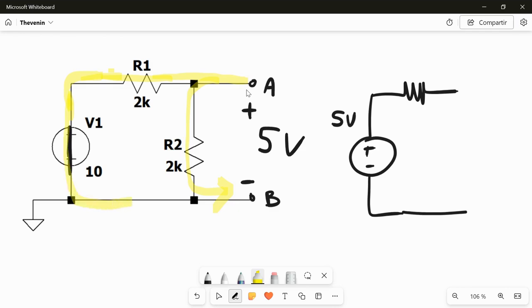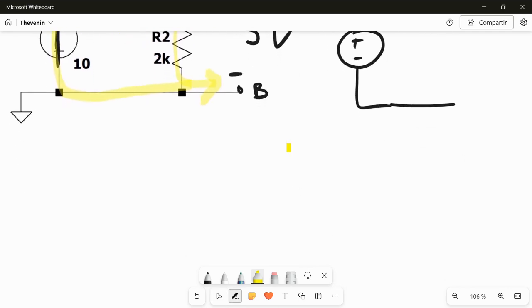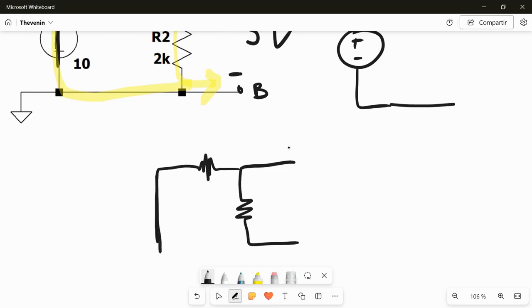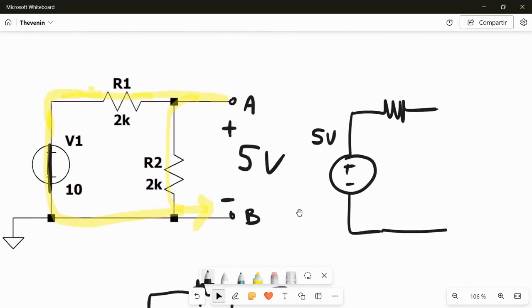So basically what you see between A and B is this thing here, with a short circuit instead of a voltage source. This is the parallel between R1 and R2, so in this case it would be 1 kilo.